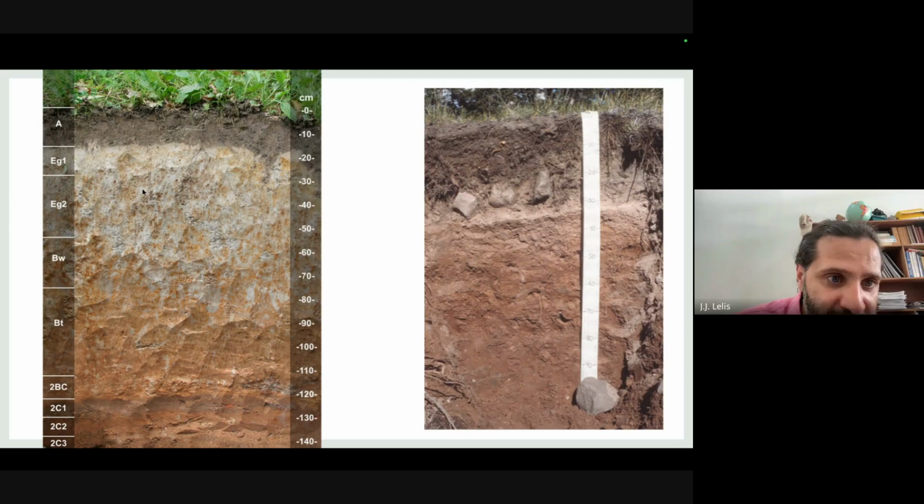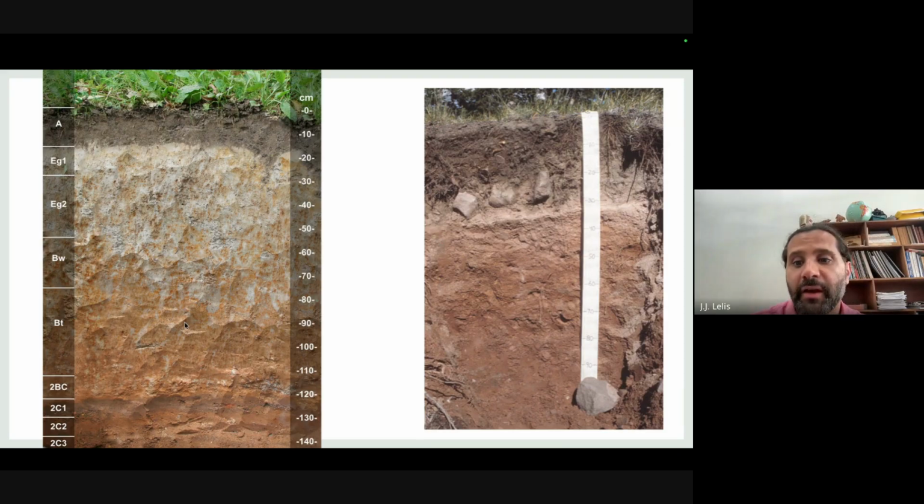Okay, so you can see here very clearly the E horizon, and here starts the B, and definitely here you can see some parts of E horizon. They have the same color. Of course, if we were in the field, we could check also the texture, but I can tell you the texture is the same. So you have the same texture, the same structure, the same color. So basically you have the same horizon, but parts of the same horizon inside another horizon.